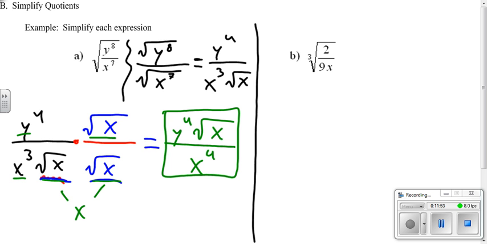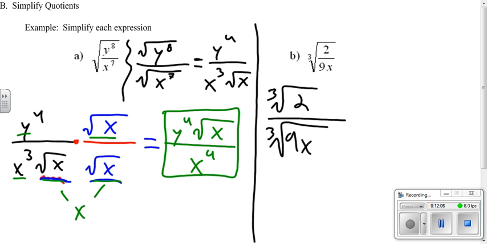Moving on to our next example here. In this case, again, we want to break it up into cube root of 2, cube root of 9x. Now in this case, we want to recognize that 9x is the same as saying 3 squared x, because we have our 9, which is 3 squared, and just our x left.